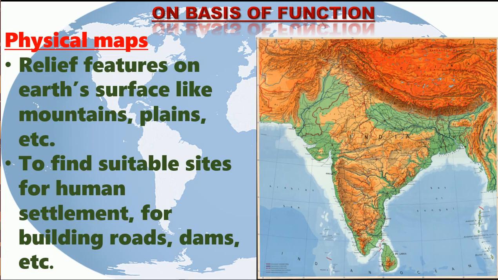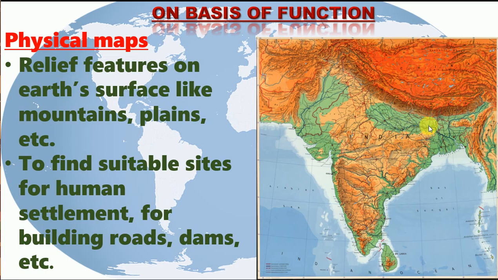These maps help us to find suitable sites for human settlement. As you know, it is very difficult to settle in mountain areas. People mostly reside in the plains because the plains are quite fertile.